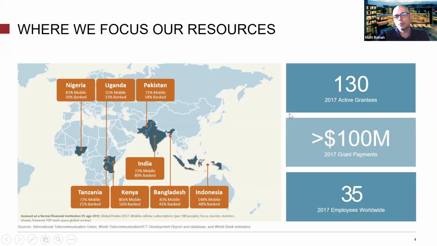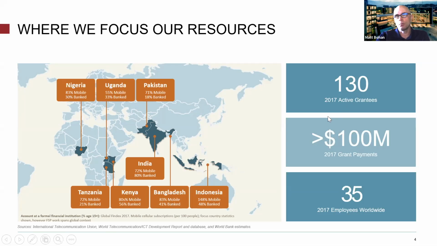So at Gates, we've had a focus on this for a little over a decade, and if we look at our numbers, we've got upwards of 130 grantees just in the FSP program.